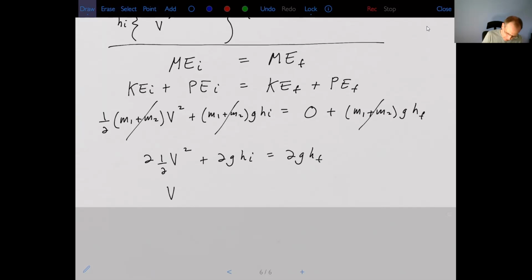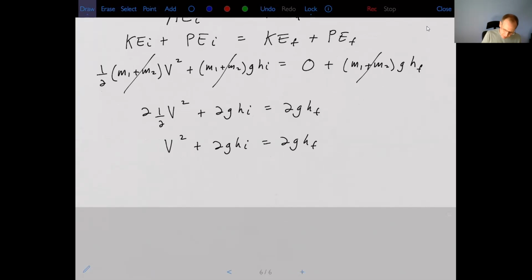So this is v squared plus 2gh initial equals 2gh final. Now let me bring this 2gh initial to the right-hand side, so I need to subtract it from both sides. So I have v squared equals 2gh final minus 2gh initial.